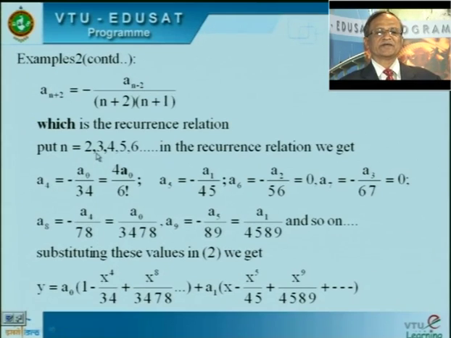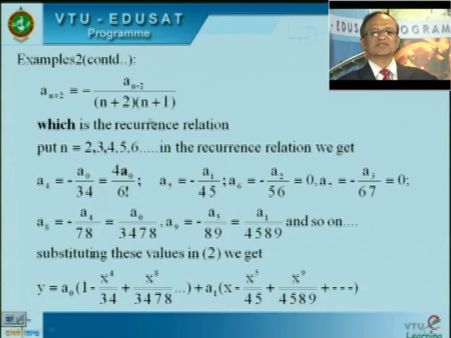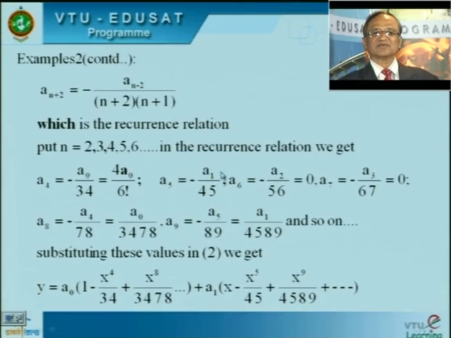Okay. Now, when we replace n by 2, I can obtain a4 is equal to minus a naught by 3 into 4 from the recurrence relation. Again, it is in terms of a naught only. When we replace n by 3, 3 plus 2 is 5, 3 minus 2 is 1. I hope you will get minus a1 divided by 4 into 5. That's clear.